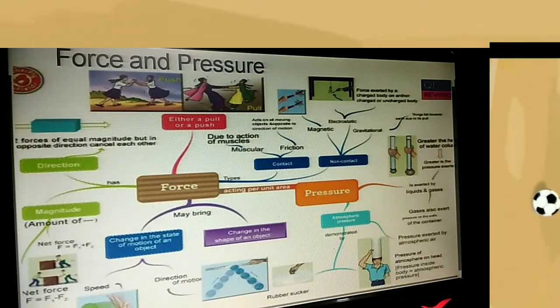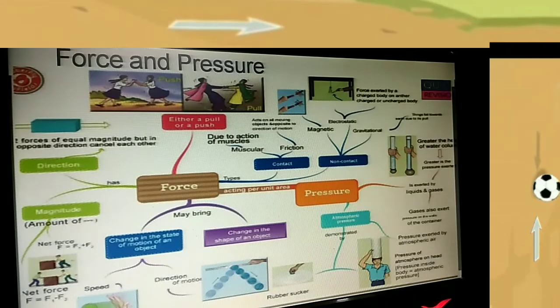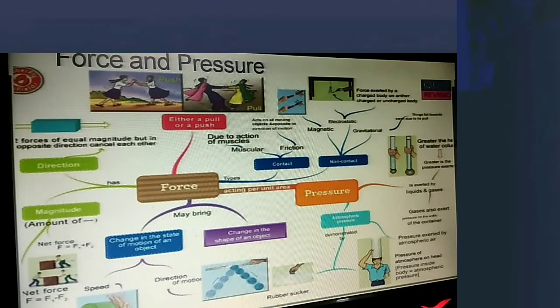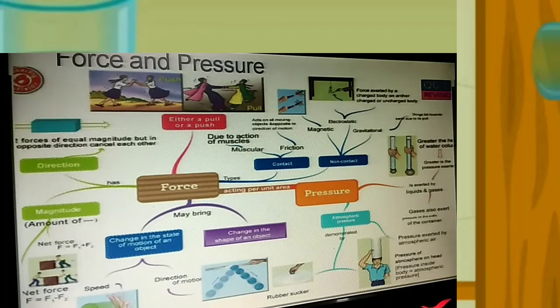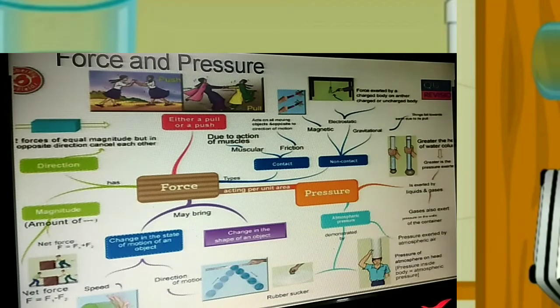The effect of force will change with the change in its magnitude or direction. The size of a force can be measured by using a device called a force meter or Newtonometer. Now, the main kinds of forces are balanced force and unbalanced force.